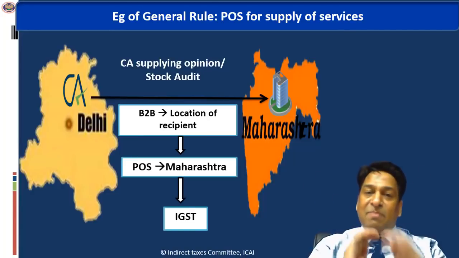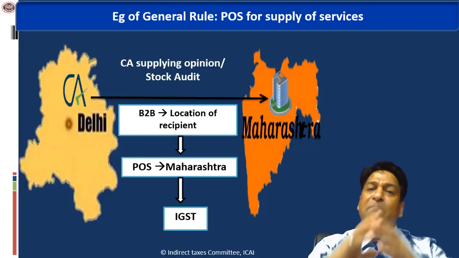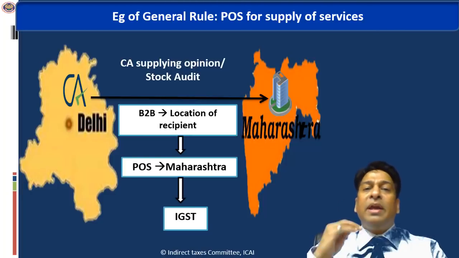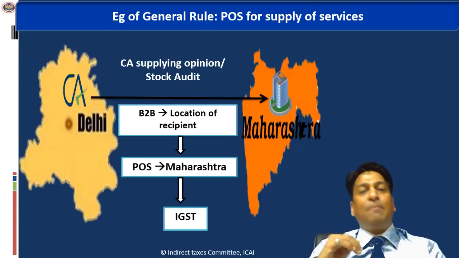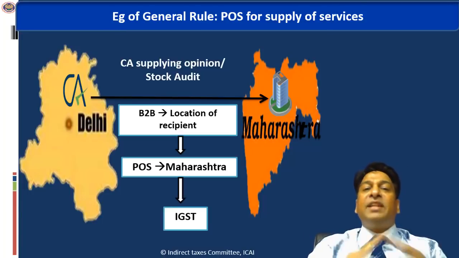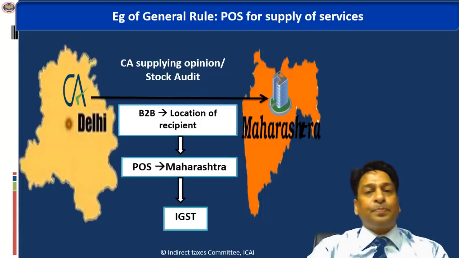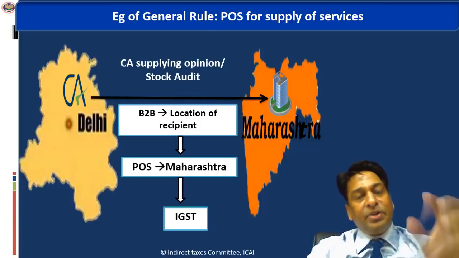Having said that, let me create one good example and discuss the GST methodology overall in terms of identifying place of supply, corresponding credit, and whether it is a cross supply of services or not. Let's assume I'm a chartered accountant registered in Delhi.